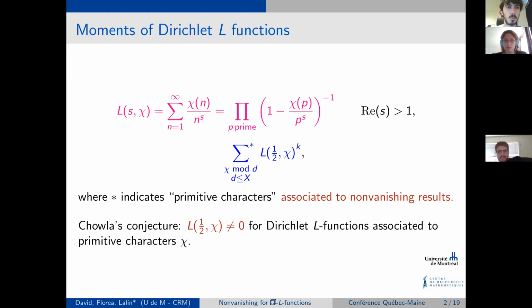Our motivation for looking at this has to do with non-vanishing results. This idea of non-vanishing goes back to a conjecture by Chowla, who conjectured that L(1/2, χ) is different from 0. In principle it was for quadratic characters, but this is believed to be true more in general.